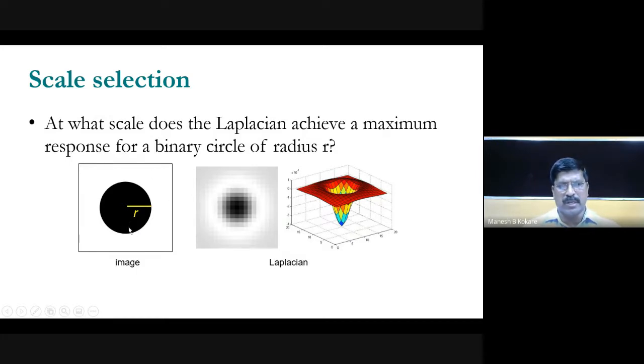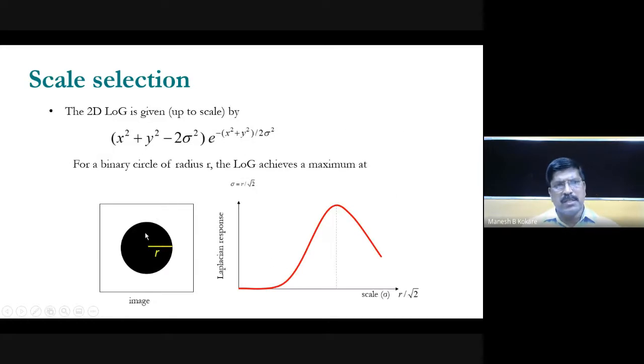So only two levels, or two shades, are there, and this object has radius equal to r. Now, when this object is detected, with which scale will it be detected? That is what we have to find, right?